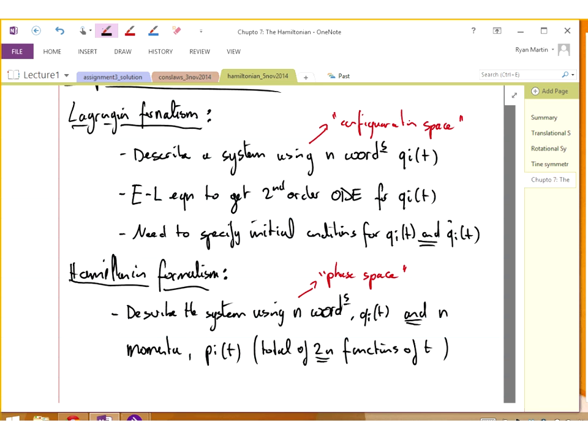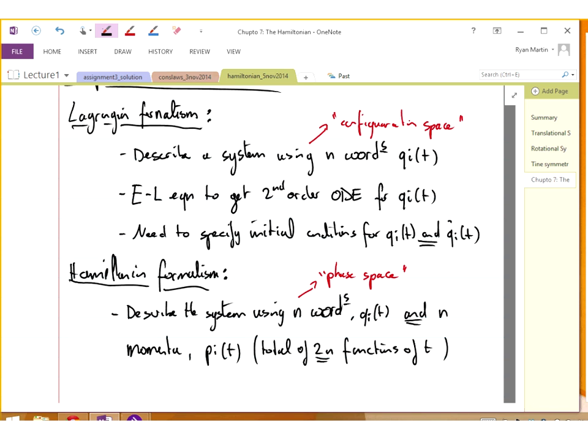So the cannonball in configuration space you need to specify as x, y, and z coordinates. In phase space, you need to specify its x, y, and z coordinates and the x, y, and z components of its momentum, or the three generalized momenta, which might not necessarily be linear momenta. So that's a fundamental difference.